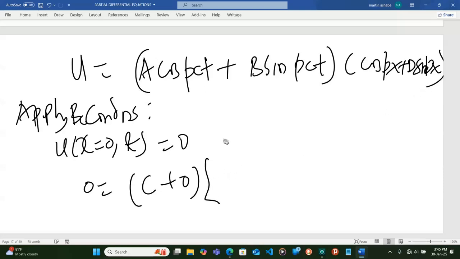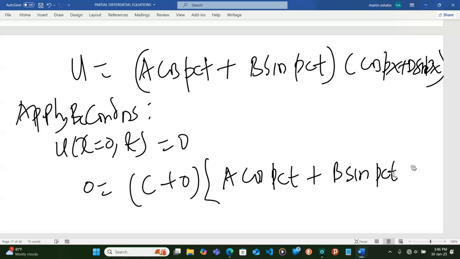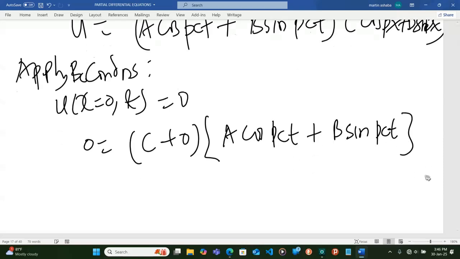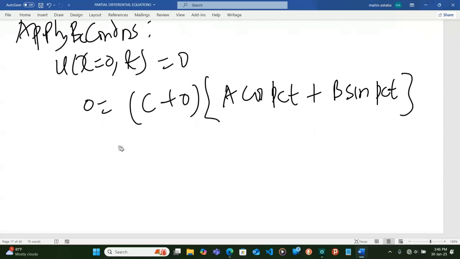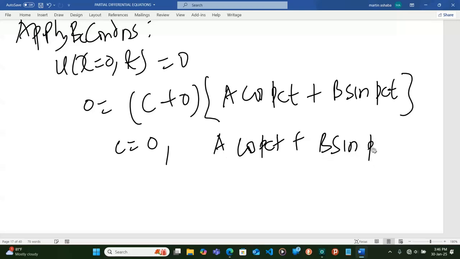So times a cos pct plus b sine pct. Yes, so what does that mean? C can equal 0. This cannot be equal to 0 if we are talking about this solution holding for all values of t. So a cos pct plus b sine pct cannot equal 0.